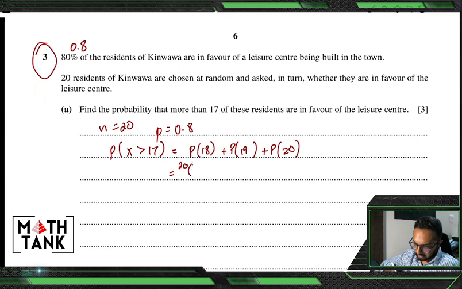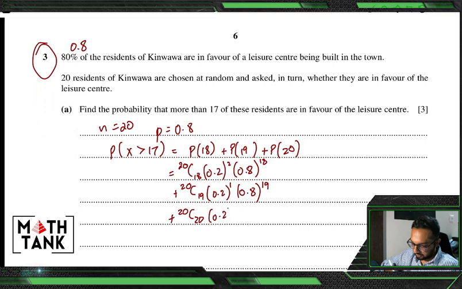So 20 C 18, 0.2 power 2, 0.8 power 18, plus 20 C 19, 0.2 power 1, 0.8 power 19, plus 20 C 20, 0.2 power 0, 0.8 power 20, using q power n minus r and p power r.